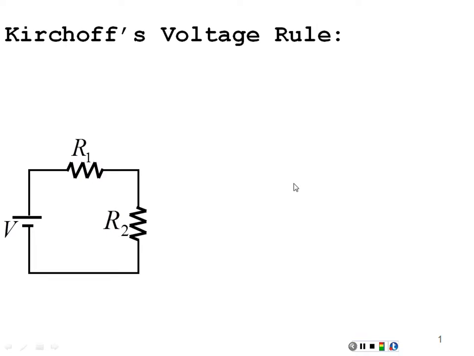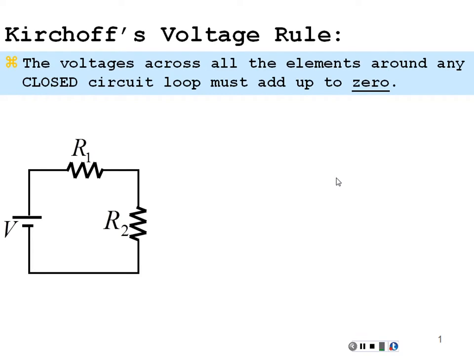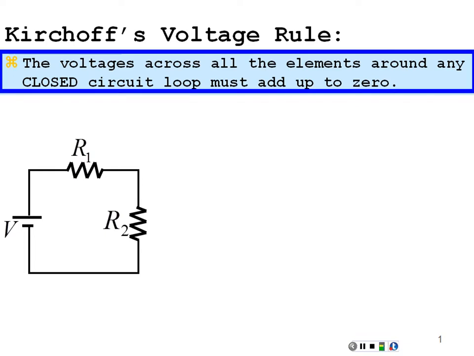So we have Kirchhoff's voltage rule, and if we describe this, the voltages across all the elements around any closed circuit loop must add up to 0. This is a key point.